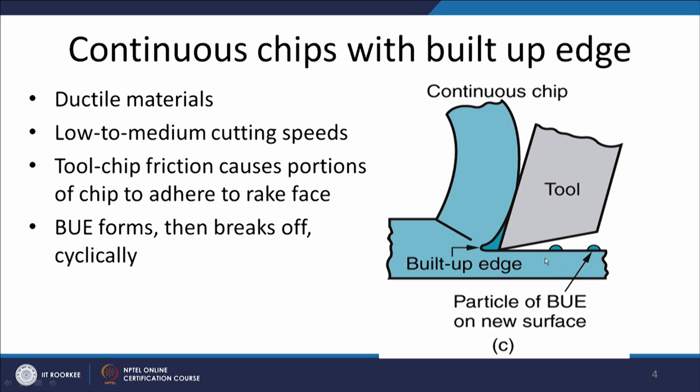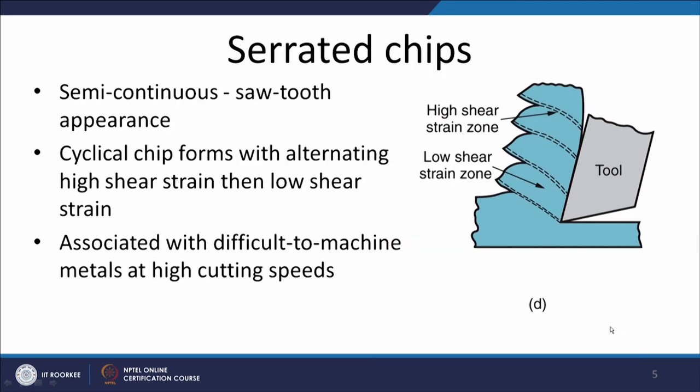So, when the built up edge is transferred to the workpiece, it adversely affects the surface roughness. Mostly these kinds of chips are formed when the material is soft, ductile and unfavorable cutting conditions exist, like low cutting speed, high feed and depth of cut.